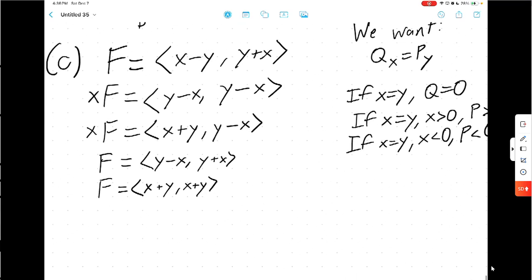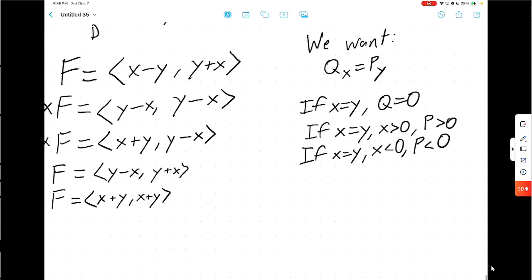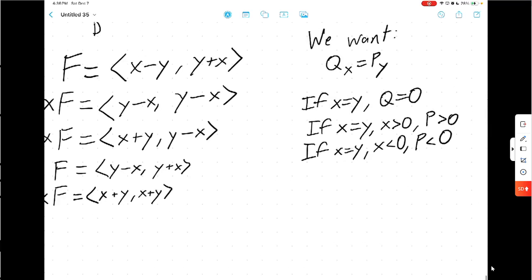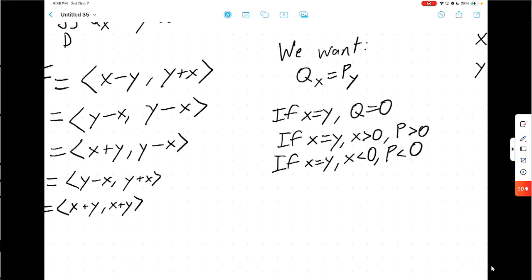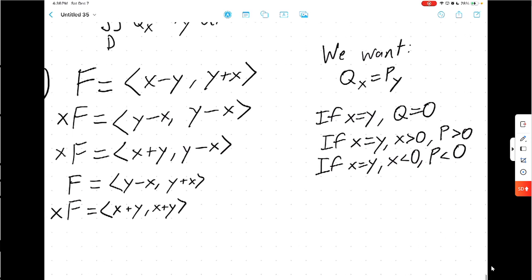Okay. If x is equal to y, q is equal to 0, this eliminates the fifth one. And if x is equal to y, which we're going to get, and we want q is equal to 0, that is not a good one.